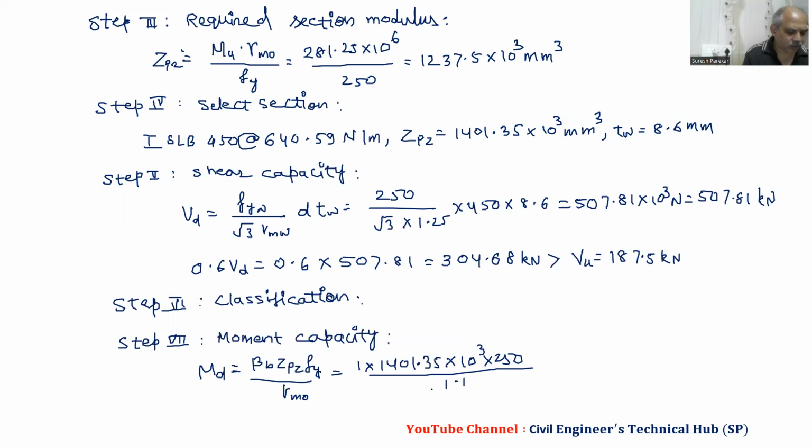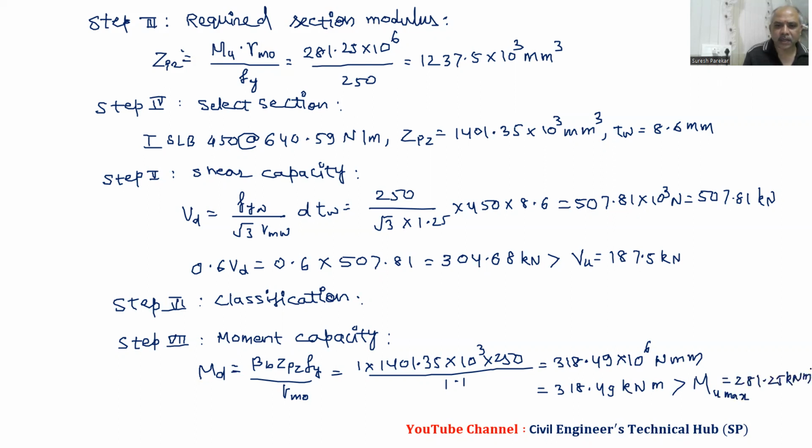We get the value 318.49 into 10 raised to 6 Newton millimeter, which is equal to 318.49 kilonewton meter, which is greater than Mu max, that is 281.25 kilonewton meter, and therefore safe.